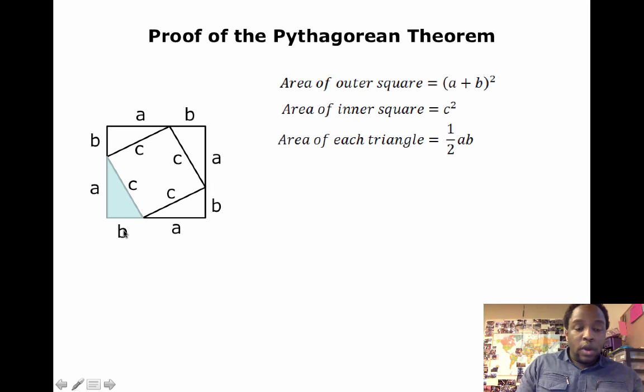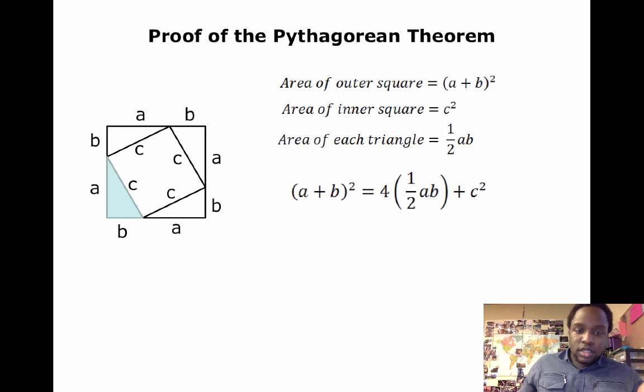So what we know is that the area of the whole square, a plus b quantity squared, is equal to 4 of the triangles plus the little square, the inner square. So we have a plus b squared equals 4 times 1/2 ab plus c squared.